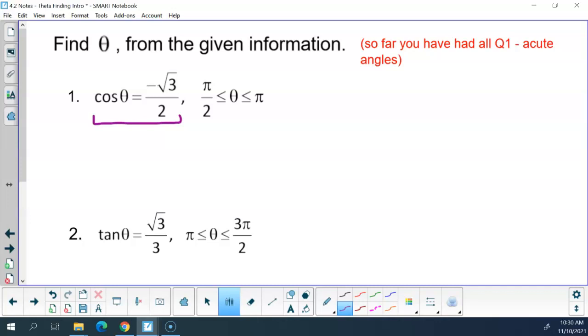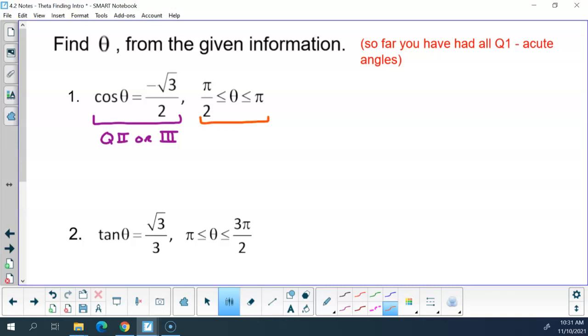Quadrant 2 or quadrant 3? Oh, yeah. Because cosine is negative, left half of the unit circle. That's quadrants 2 and 3. Okay? The second piece of information is telling me 2 things also.